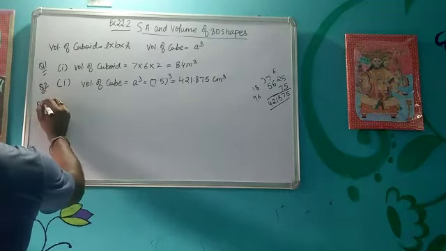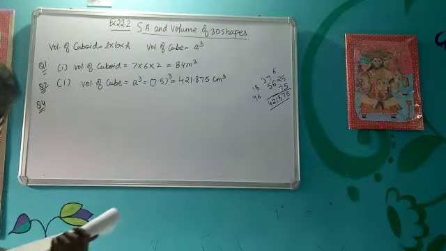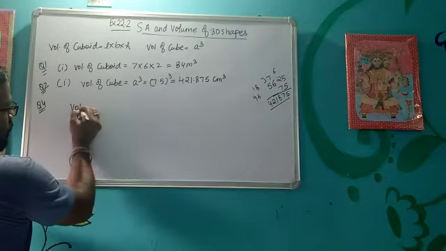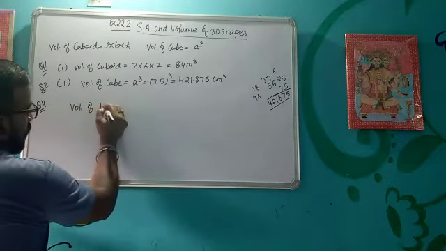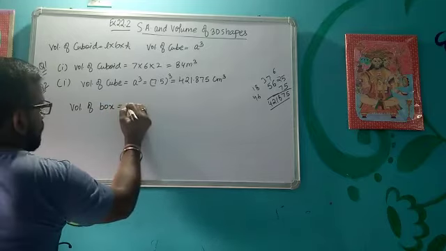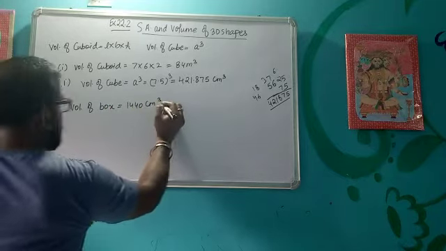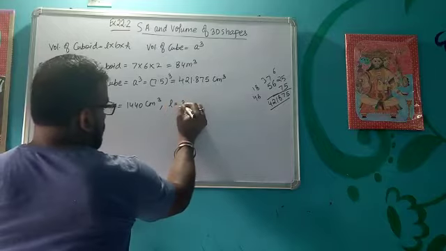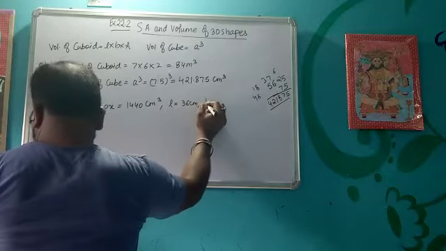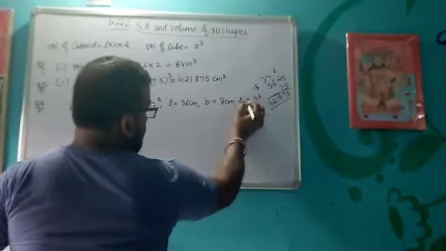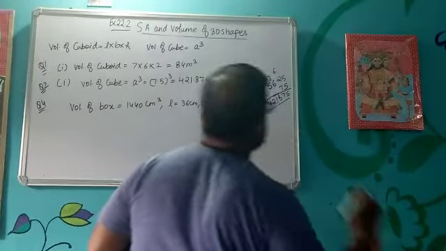Now let's see question number 4. The volume of wooden box. So the volume of box is given as 1440 centimeter cube. Length is 36 centimeter and breadth is 8 centimeter. We have to calculate the height.